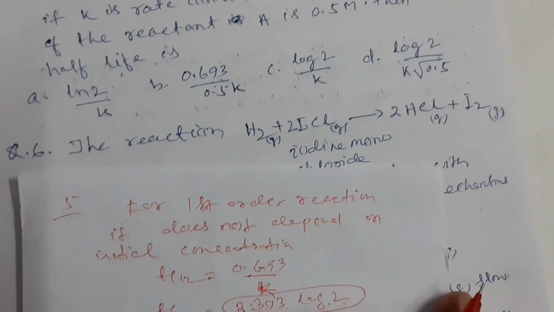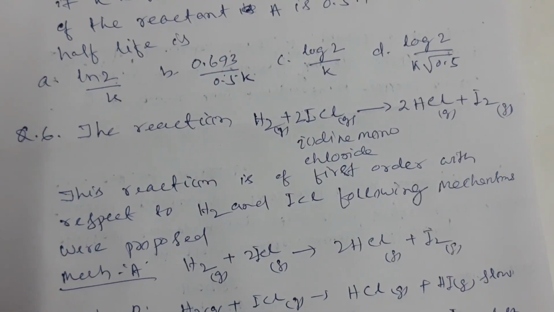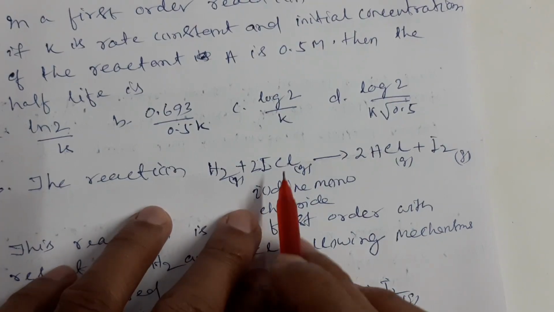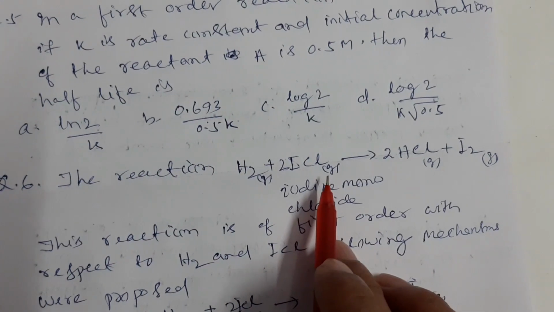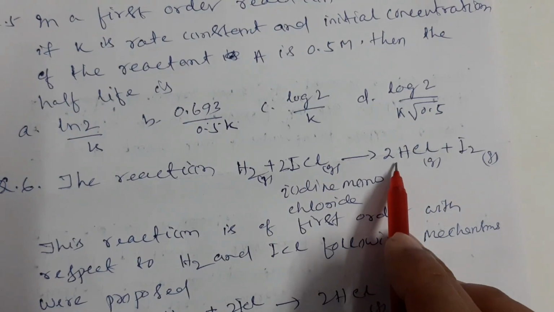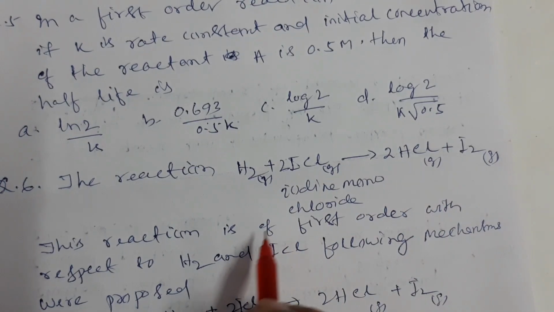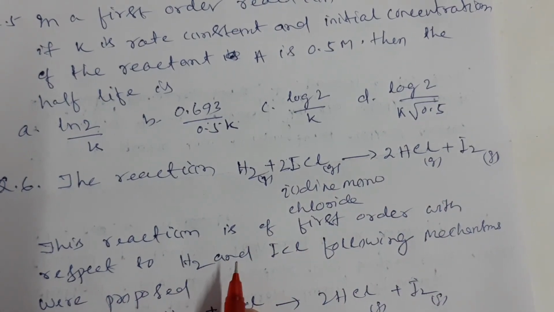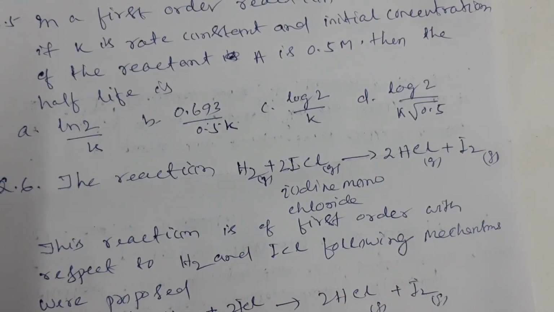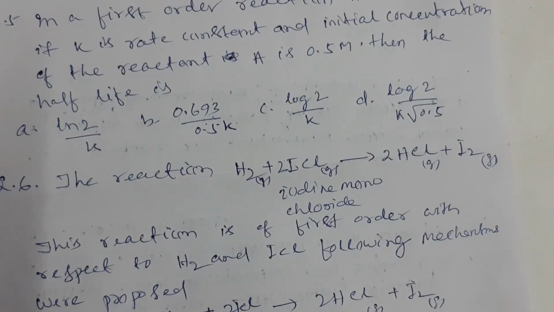Next, the reaction H2 plus iodine monochloride, H2 plus 2ICl giving 2HCl plus I2. This reaction is first order with respect to H2 and ICl. The following mechanisms were proposed, so two mechanisms are given.